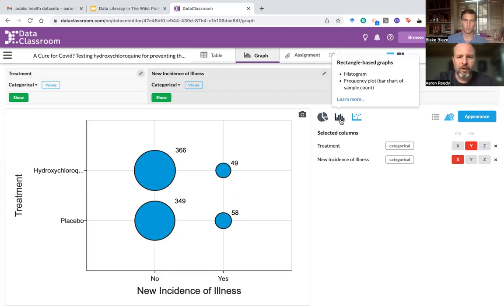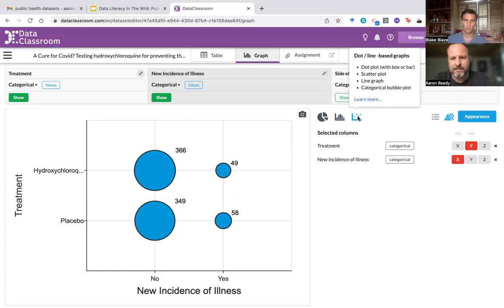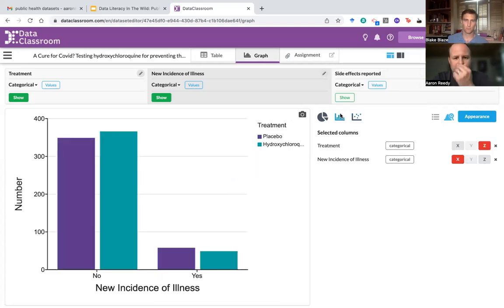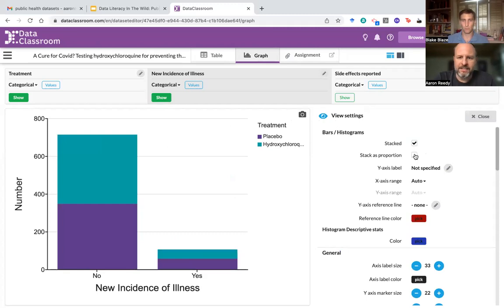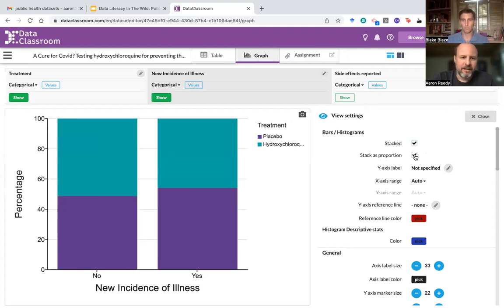If we go over to graphs made with rectangles, so we're over here in graphs made with lines and dots, we can look at it this way. One of my favorite ways to do this is to go into the appearance menu and use a stacked bar chart, and then take that stacked bar chart and plot it out as a proportion.